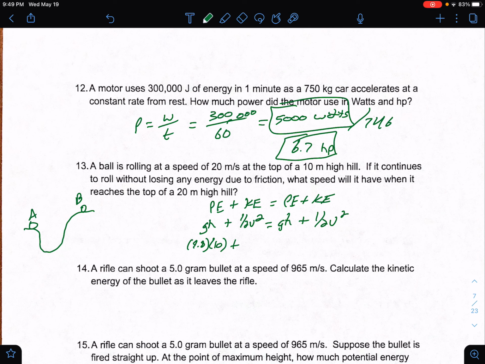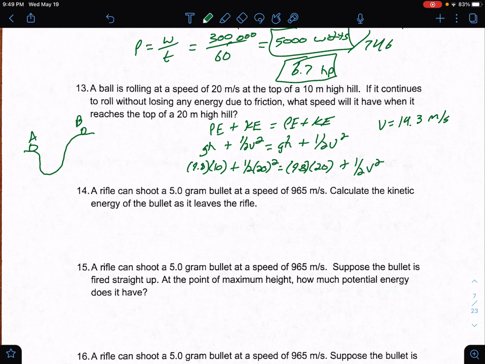And it is moving at 20 meters per second, so that's 1/2 times 20 squared. On the right side, gravity is 9.8, but now my height has gone to 20 meters. And I don't know velocity, so I'm going to leave this as 1/2 v squared. So you're going to get v by itself. Okay, and when you do, you should get a velocity of 14.3 meters per second.